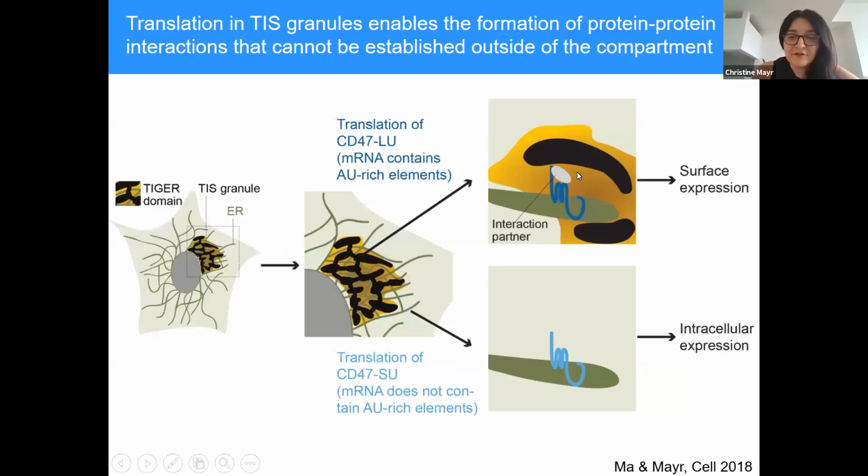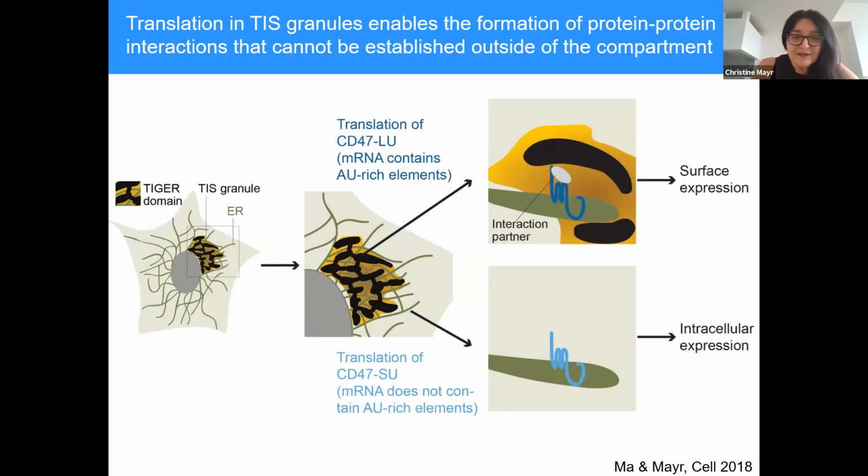In the case of CD47, this leads to higher surface expression. CD47 made with a short UTR does not contain the AU-rich elements, so it's translated outside of TIS granules, and therefore it cannot bind to SET, cannot efficiently localize to the plasma membrane, and is expressed intracellularly.